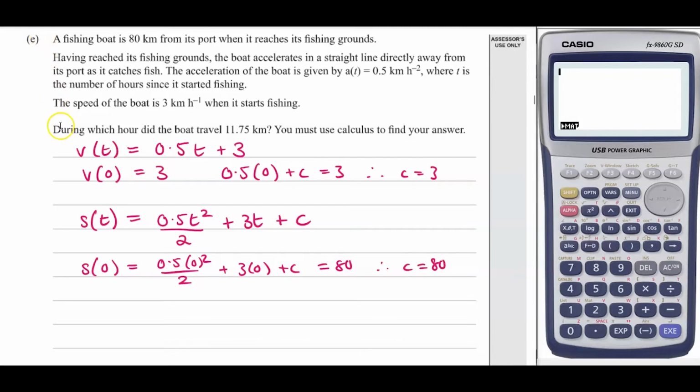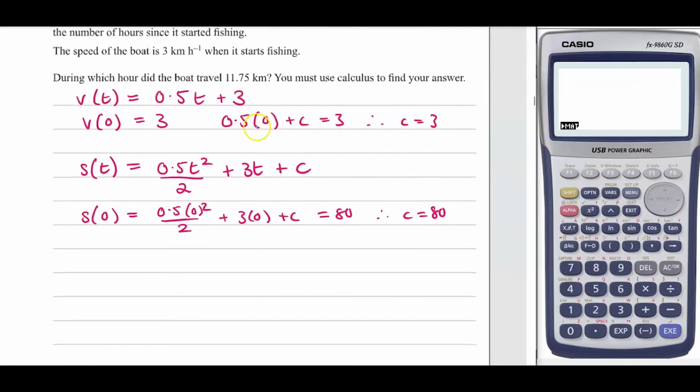Now the final piece of the puzzle, during which hour do they travel an additional 11.75 kilometers? So if we're thinking about our function, so the hour that we're looking for, take away the previous hour, so the distance traveled in the previous hour, that difference will be 11.75 kilometers.